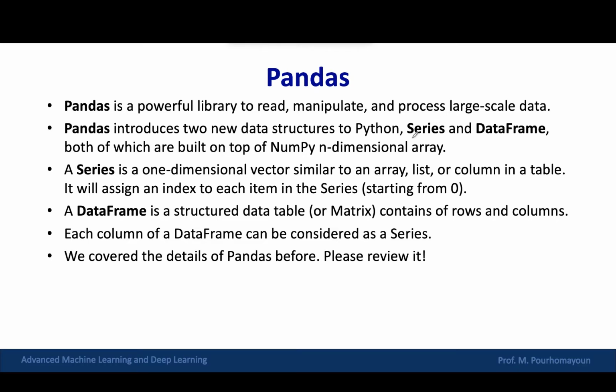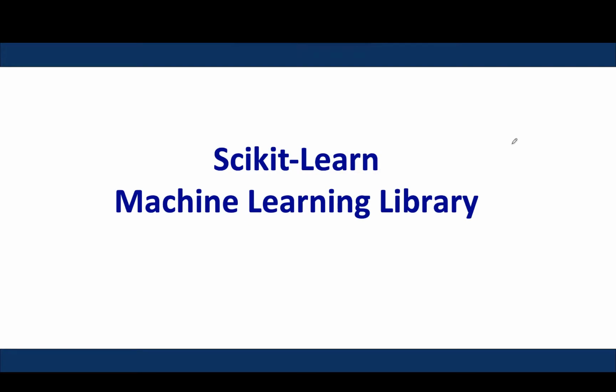Pandas introduces at least two new types of data structure, series and data frames, and usually we read our feature table as a data frame and work with data frames, which is very easy. This is one of the very important libraries that we always use in machine learning.